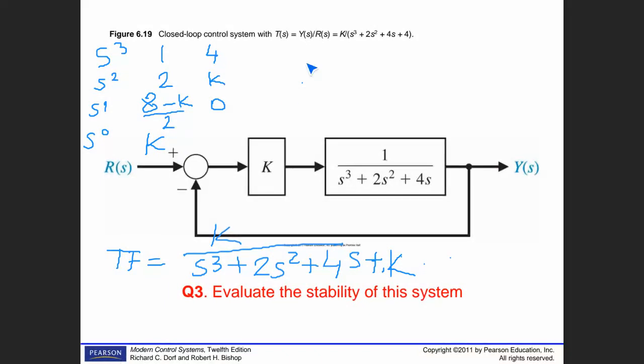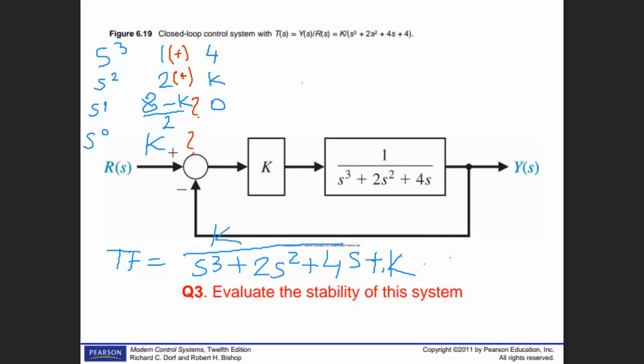So in order to get the stability, this one is plus, 2 is plus, that one is questionable, that one is questionable.